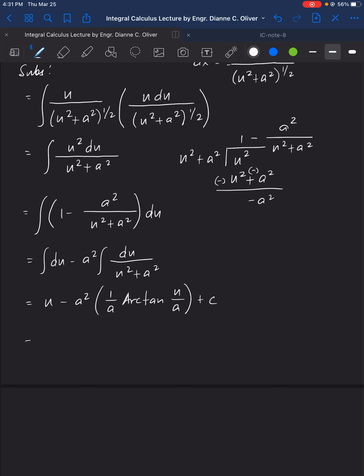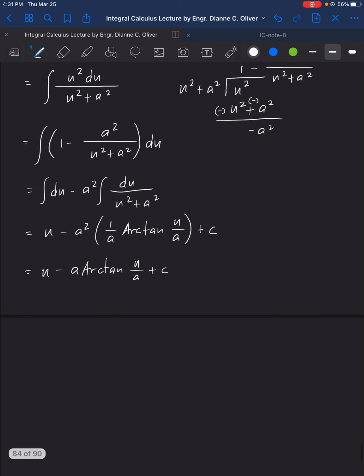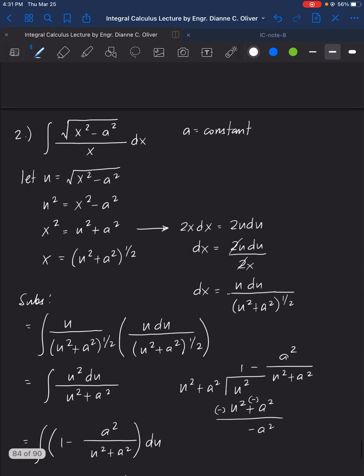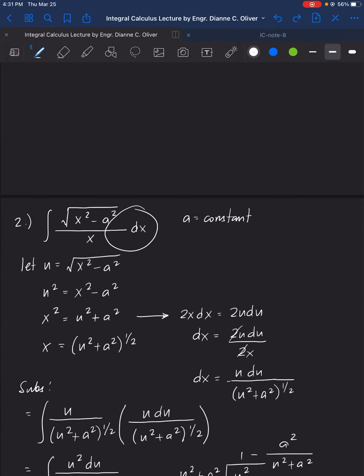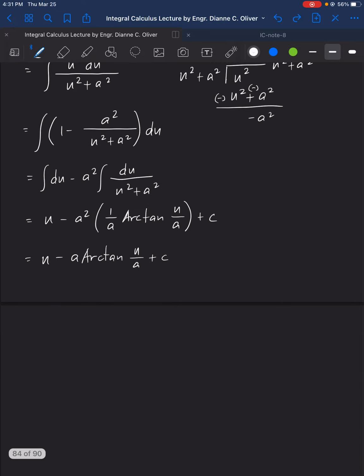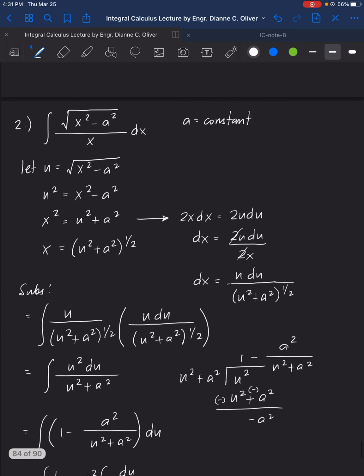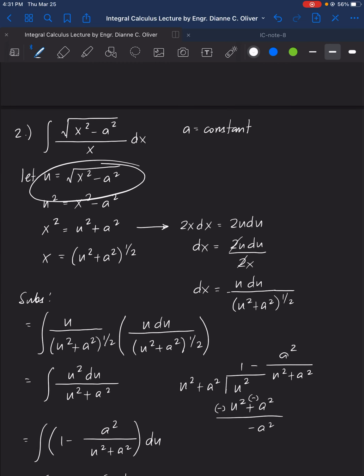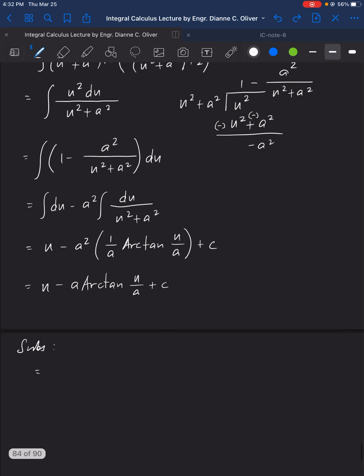This is equal to u minus a arctan u over a plus c. Now, that's not yet the final answer because the original equation is in terms of x. So we will substitute again. The value for u is the square root of x squared minus a squared.